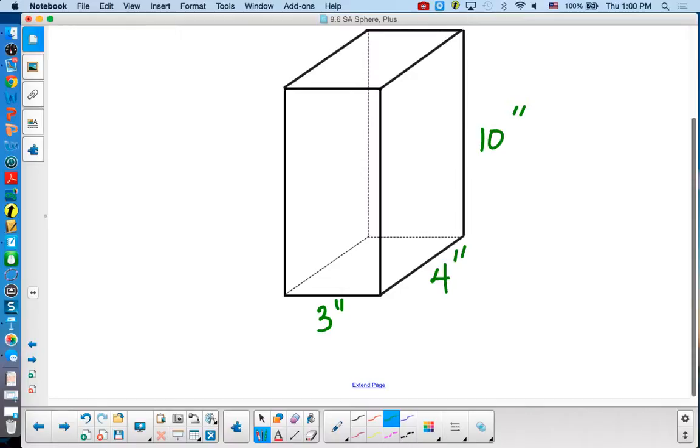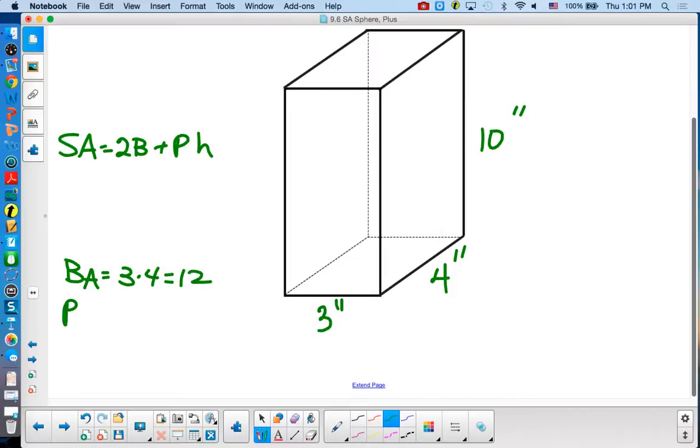Comparing with your neighbor. Okay. Now we look for the right formula. 2B plus Ph. And B was just a rectangle, 3 times 4. Perimeter, 3 and 4 is 7, and another 3 and 4, so that was 14. What else do I need? H? 10?